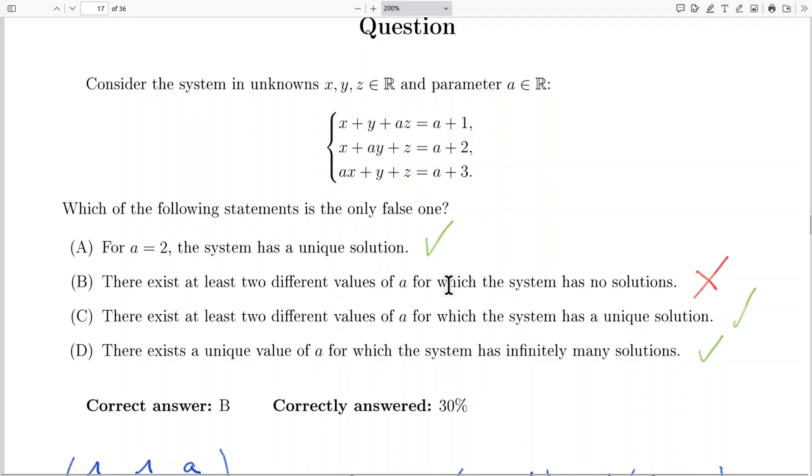The other value has infinitely many solutions. For all the other values, the system has a unique solution, and there is also a unique value of a, minus 2, for which the system has infinitely many solutions. So only B here is the false one.